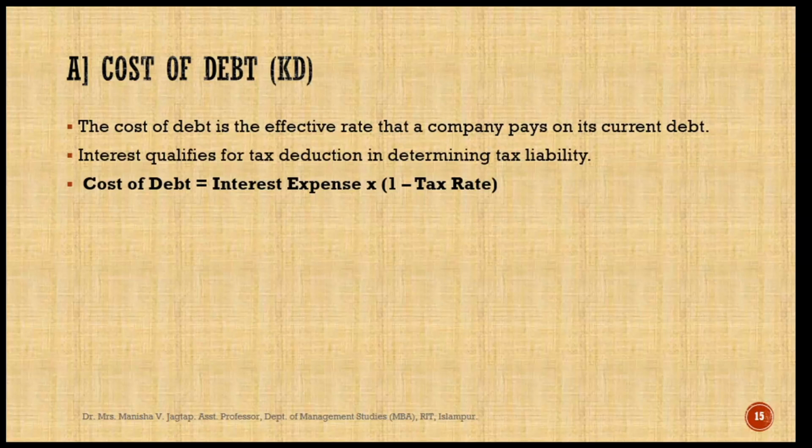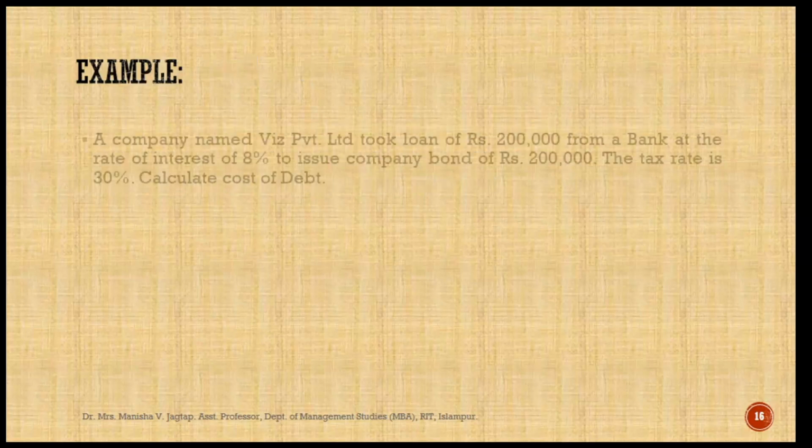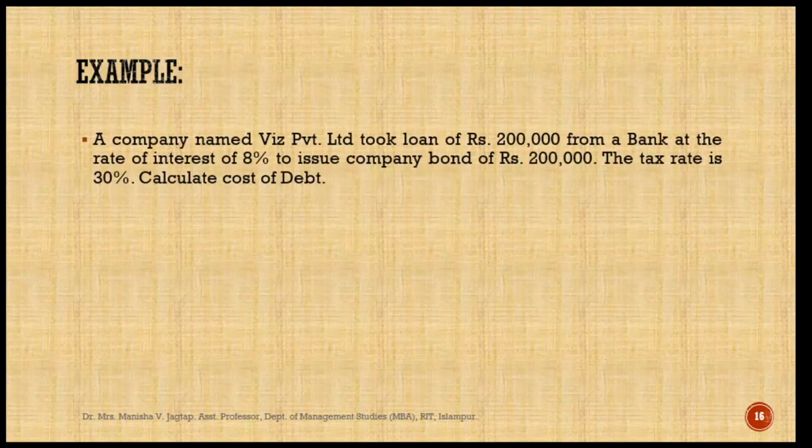Now we will see an example concerned with calculation of cost of debt. A company named Wiz Private Limited took a loan of rupees 2 lakh from a bank at the rate of interest of 8% to issue a company bond of rupees 2 lakh, and the tax rate is 30%. You are required to calculate the cost of debt.